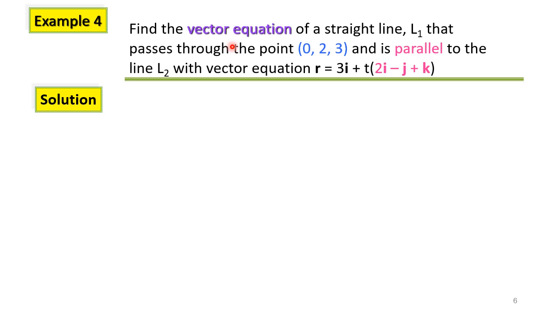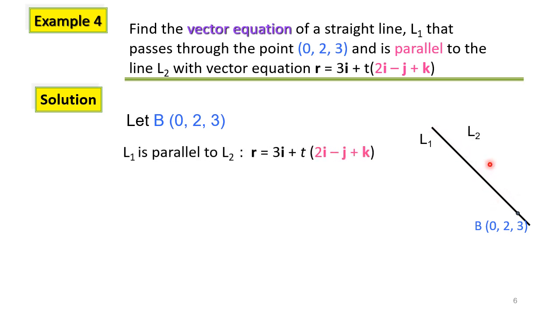Remember, for the equation of a straight line, we need a point and also a v, that is the vector parallel to the line. For a, we can find it from here, let's say here we put the point (0, 2, 3). Then the parallel vector from L2 is here.